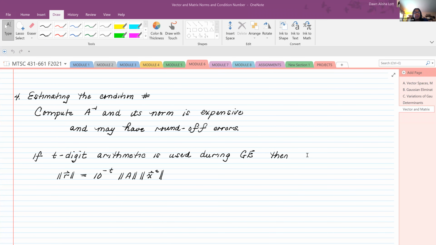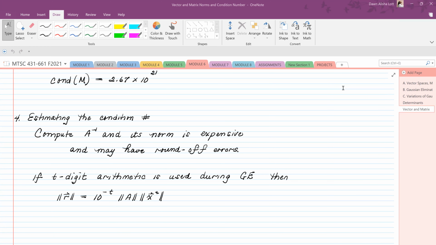Okay, so the last thing we were trying to do was to estimate the condition number. The condition number gives us an idea how invertible our matrix is. Very large condition numbers signify that the matrix is not the best matrix to invert.